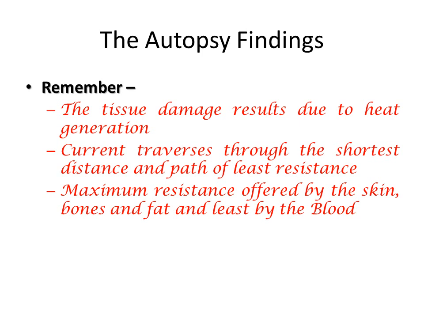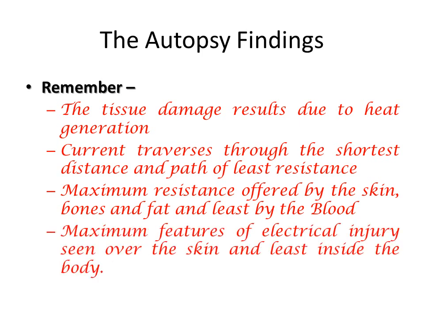After that, it is the skin in the body. It is an MCQ for you people. Maximum features of electrical injury, hence, is seen over the skin and least is inside the body. I think you people have understood why this happens.